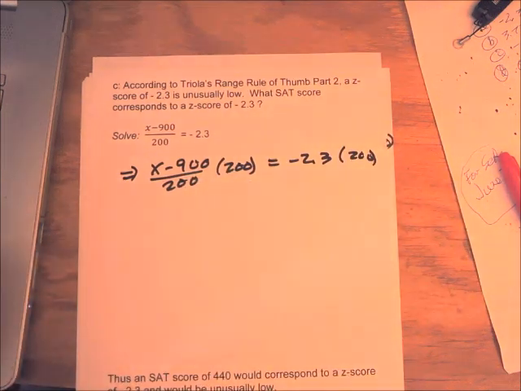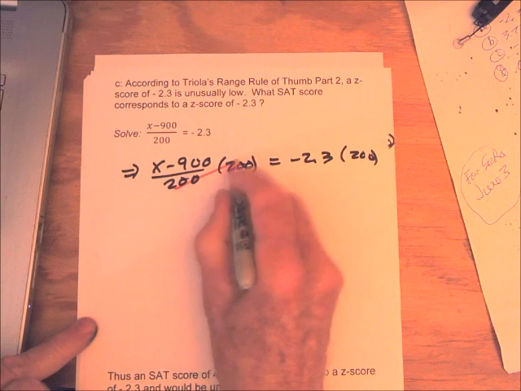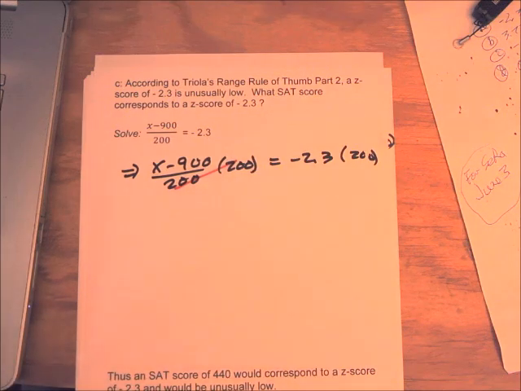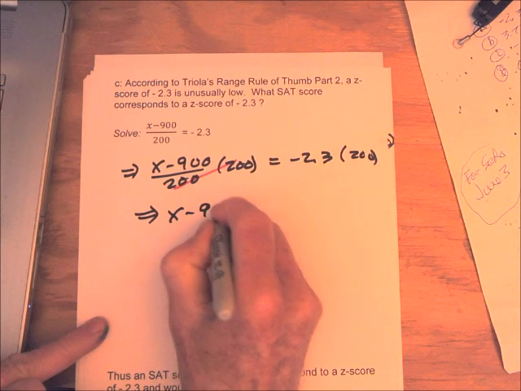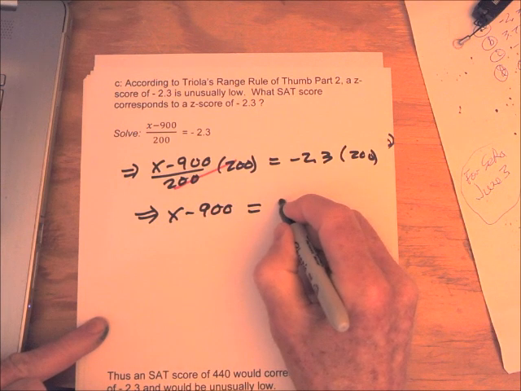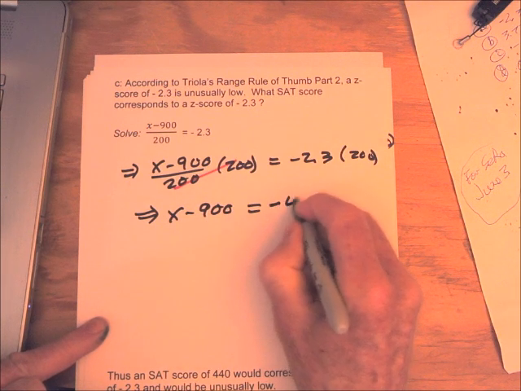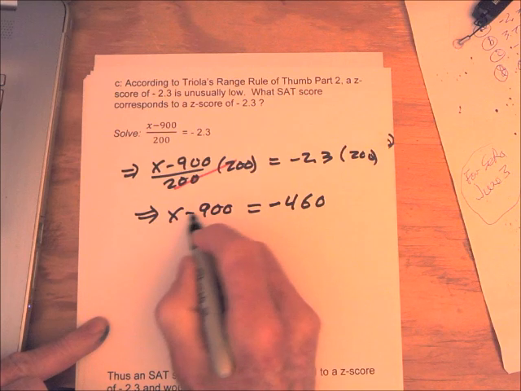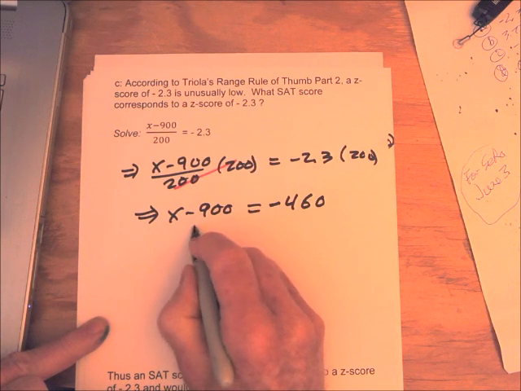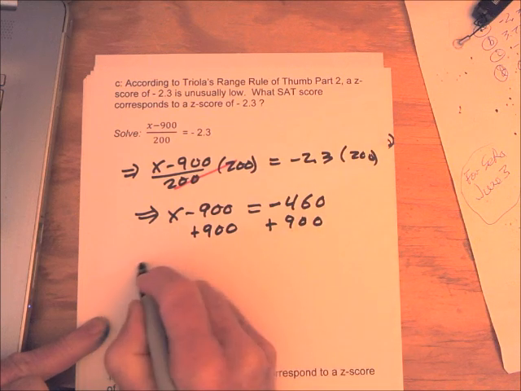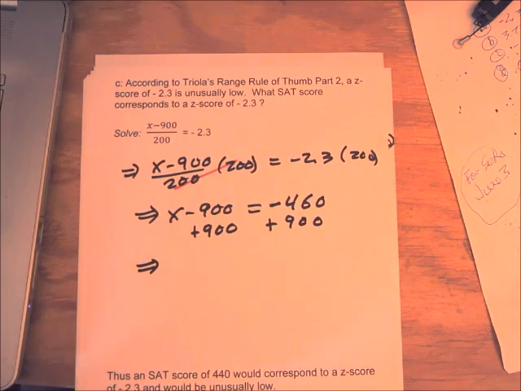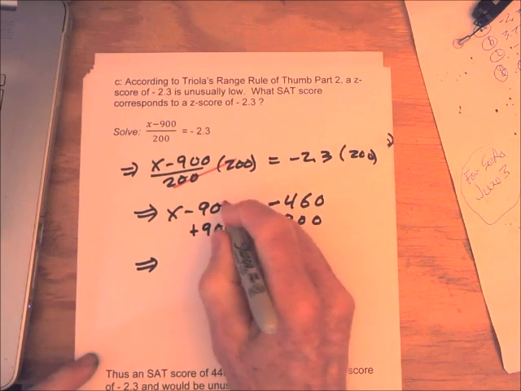And again, the 200s will cancel here. And that'll leave us with x minus 900 equals negative 460. And then we still want to isolate the x. We want to add 900 to both sides of the equal sign. And minus 900 plus 900 is 0. That will drop out.